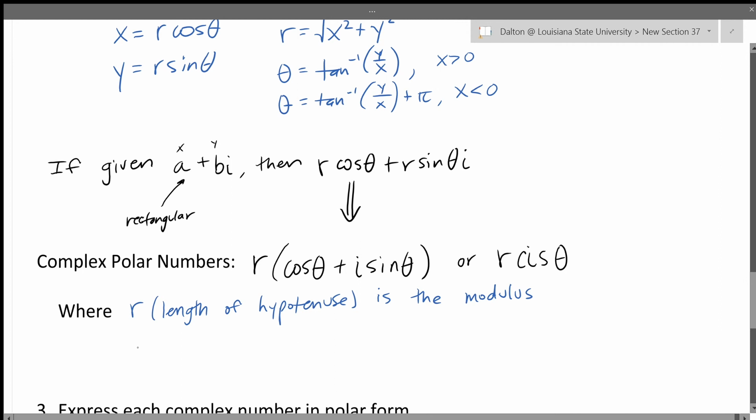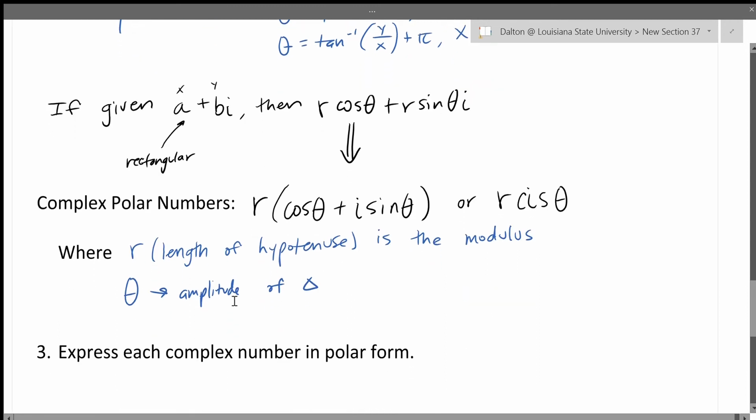And theta is, yes, kind of an angle, but it's also referred to as the amplitude of the triangle, which makes sense, because it's basically where your acute angle is opening up to. So it's your amplitude.